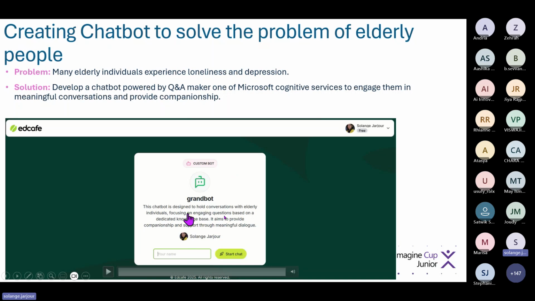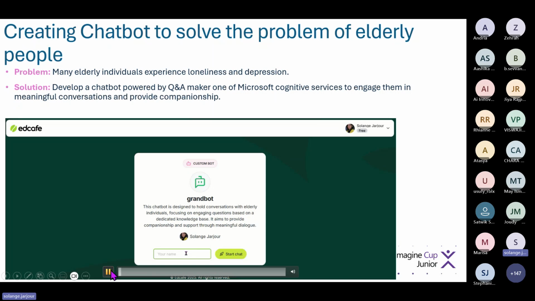Let me take you through the solution. So this is the solution. By the way, I named my chatbot Grandbot, like a grandson, Grandbot. And let me take you through the experience. So when I say record your prototype, this is what you will be recording, something similar to this, a live example.